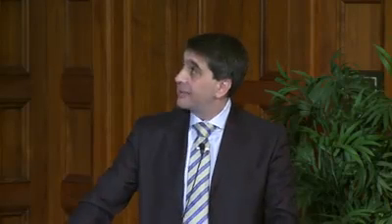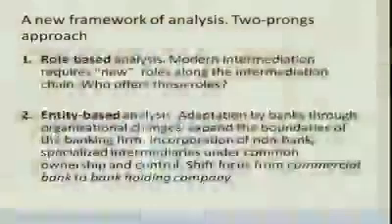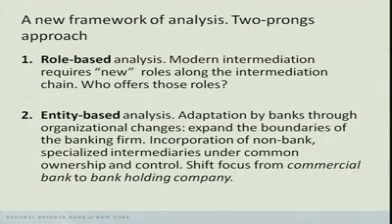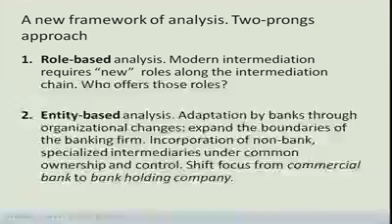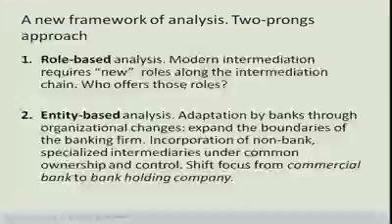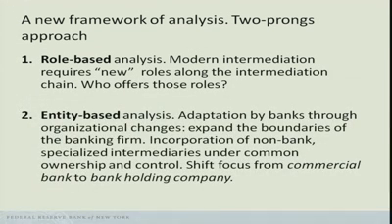And so we wanted to explore essentially the idea that banks may adapt through organizational changes by essentially expanding the boundaries of the banking firm from an industrial organization perspective. And by doing basically what?